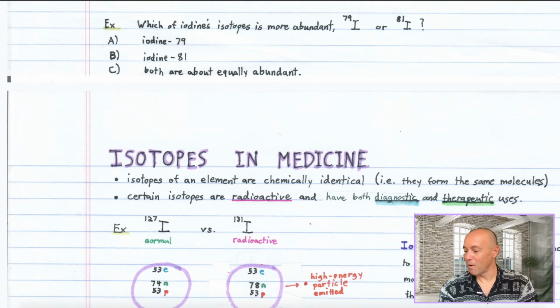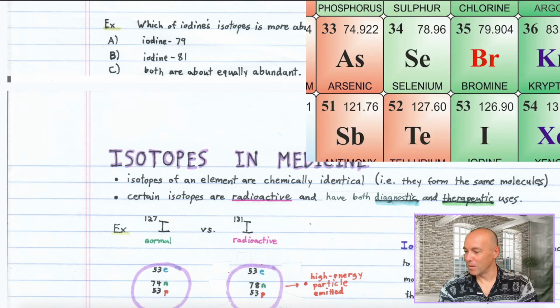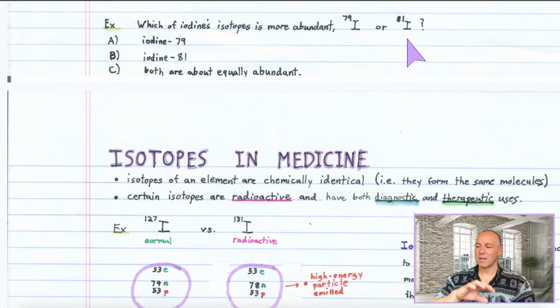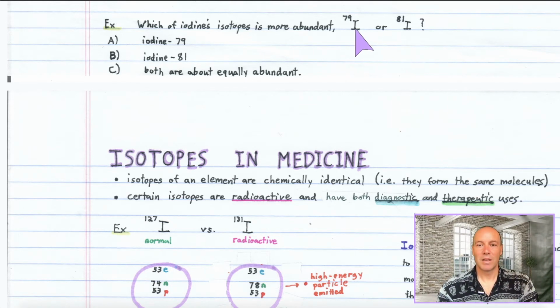When you find bromine on the periodic table, you see its atomic mass is 79.9. Now 79.9 is approximately halfway between 79 and 81. 79.9 is roughly 80, and this isotope weighs about 79 atomic mass units.